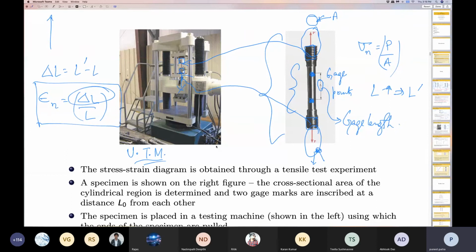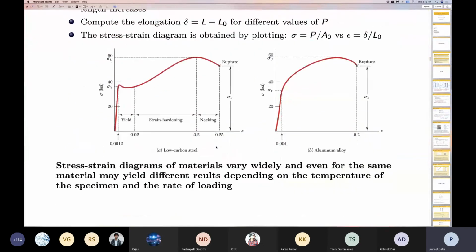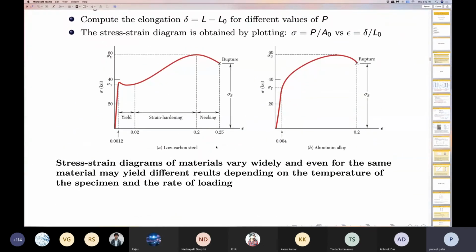Now I simply need to plot on the y-axis sigma n and on the x-axis epsilon n. Since I have the forces at different points, I have stresses at different points. Since I have delta L at the corresponding values of the forces, I will have strain also at the corresponding values of the stresses. So I simply am going to join them with curves in order to obtain the stress strain diagram. So this stress strain diagram is very interesting and is very useful.